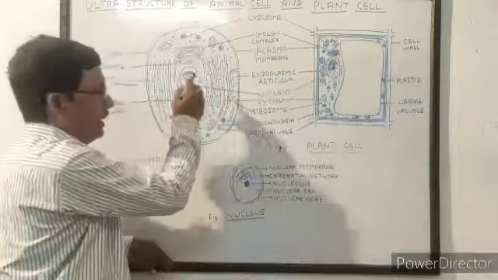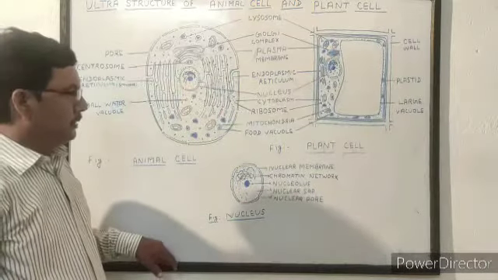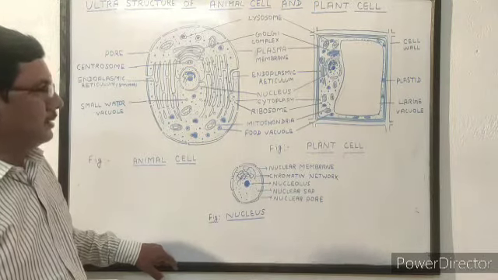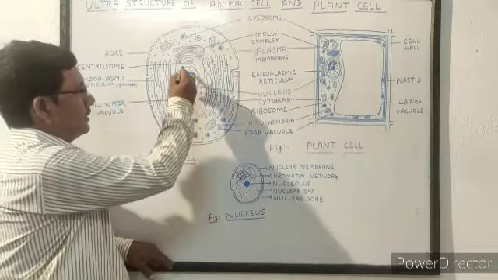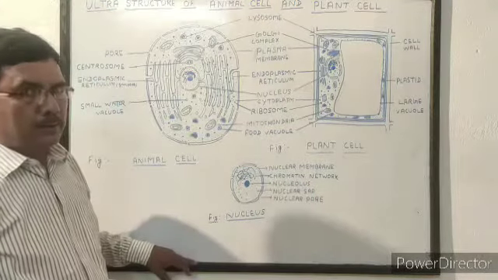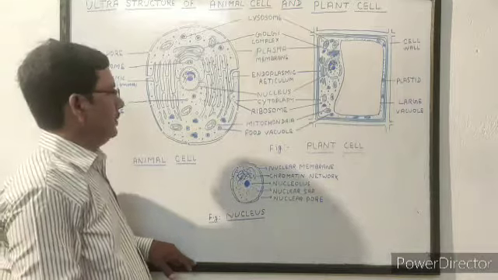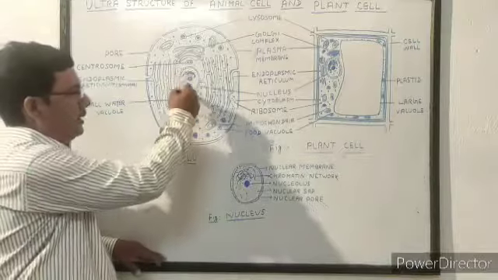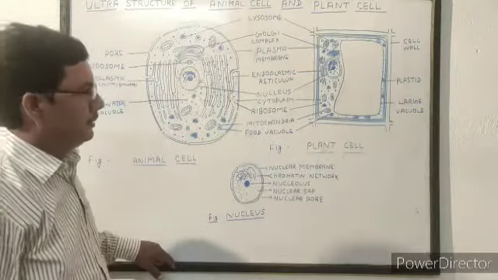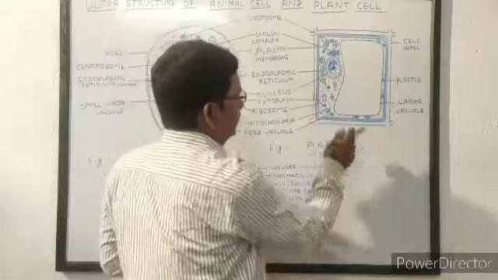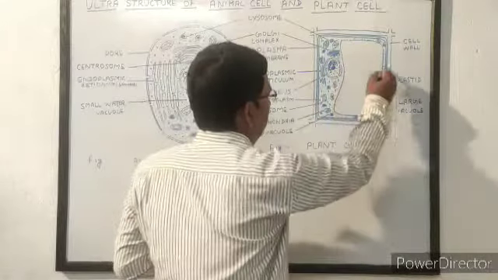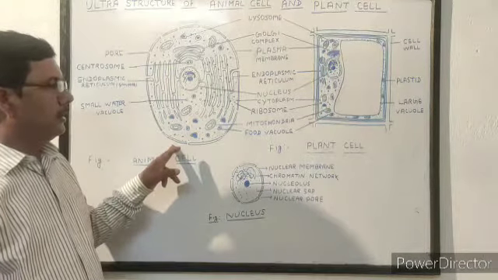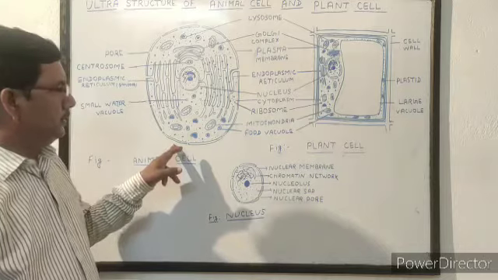Cytoplasm present both in plant cell as well as in animal cell. It is heterogeneous, semi-liquid and transparent gelatinous fluid. And nucleus is central, controlling and regulating center of the cell. In animal cell, nucleus is present in the center, while in plant cell, nucleus is pushed aside due to presence of large vacuoles.